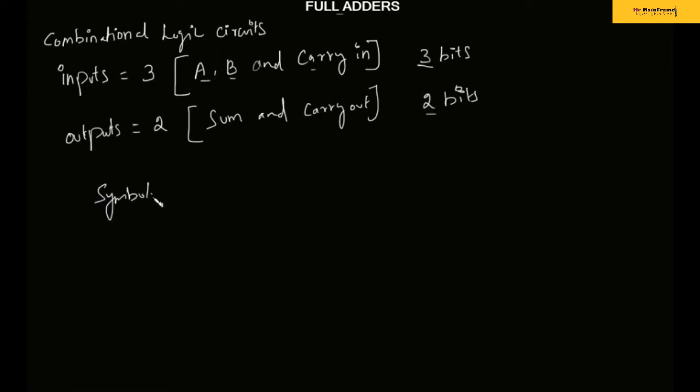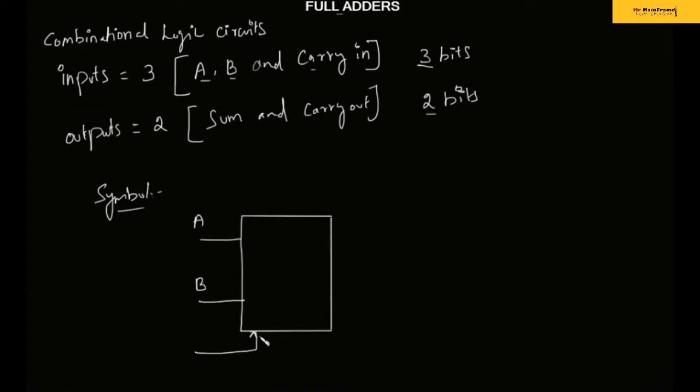So the symbol for the full adder looks like this. This is more like the symbol of a half adder. You can draw a block like this, and you can add the inputs, input A, and put the input B, and you have the freedom to add this carry in, the third input bit.